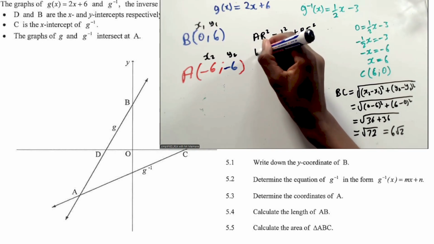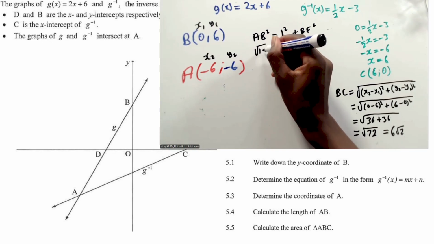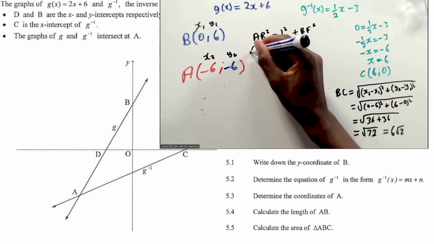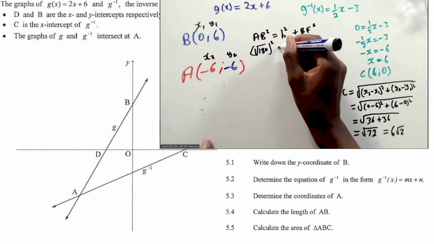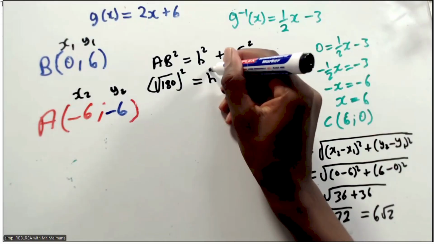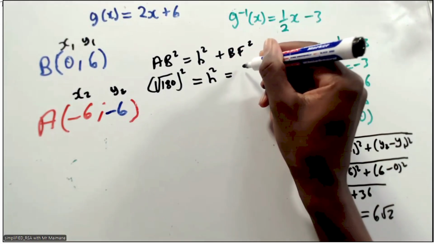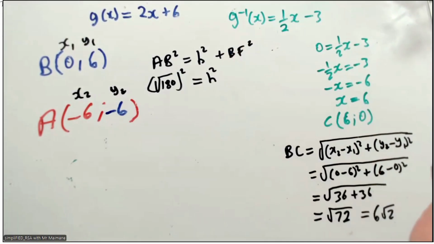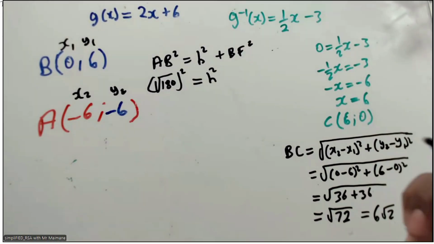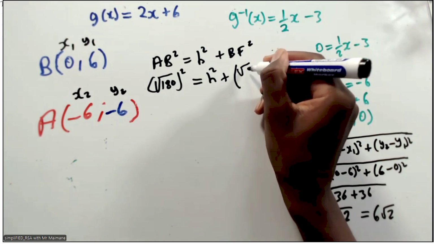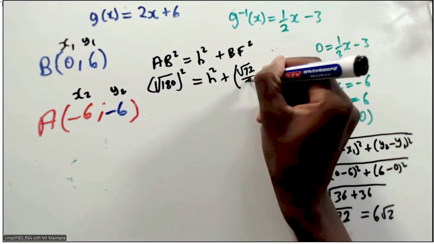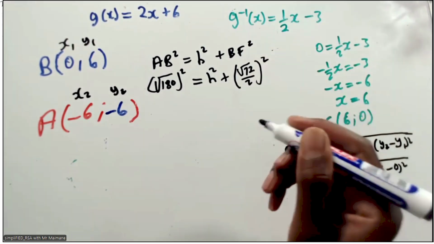And I know that AB squared is 180, so h squared plus BF squared, which is 72 over 2 squared.